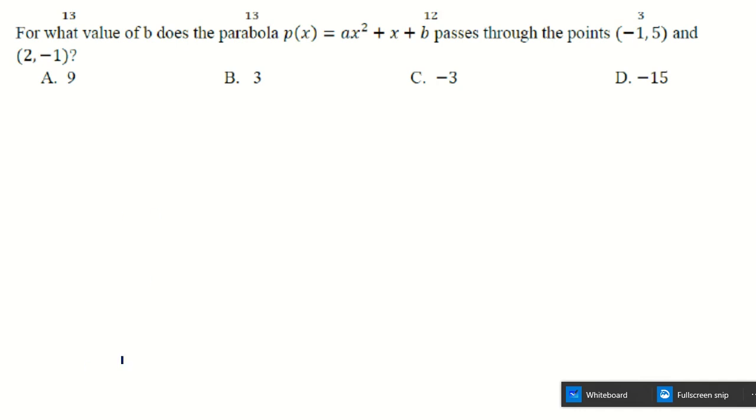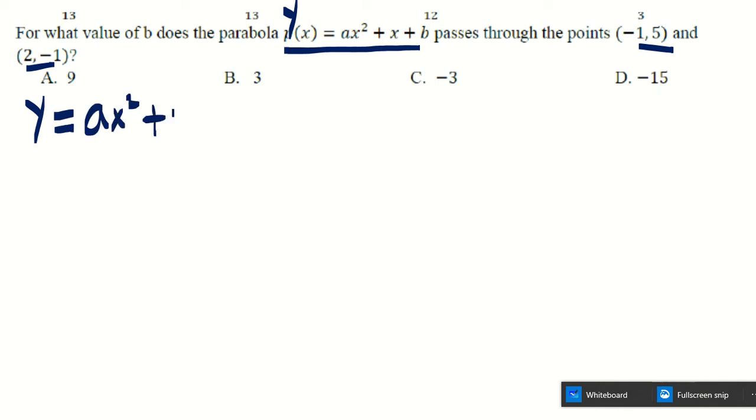The next question asks, what is the value of b? For what values of b does the parabola pass through negative 1, 5 and 2, negative 1? P of x is the same as y. So the equation of the parabola is y is equal to ax square plus x plus b. This is given, and the parabola passes through 2 points. Let's take each point to get 2 equations and then solve simultaneously.